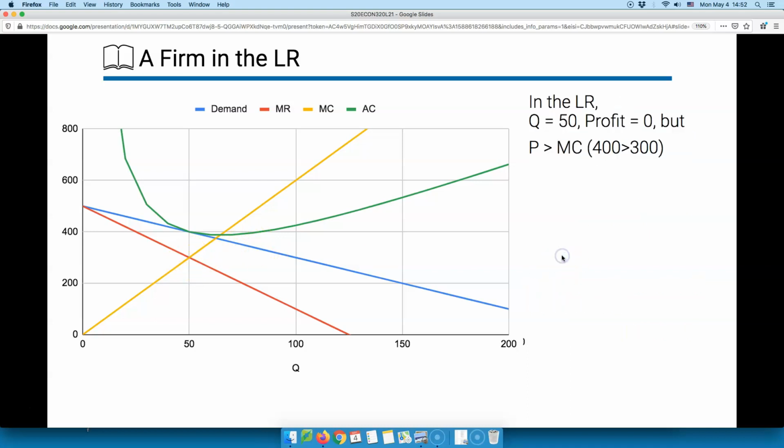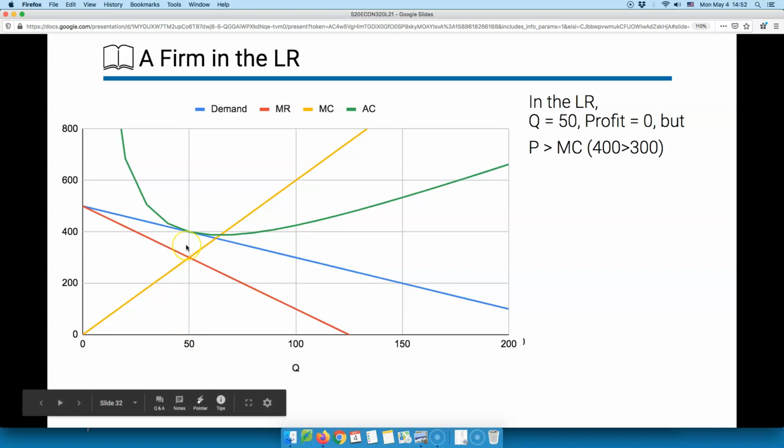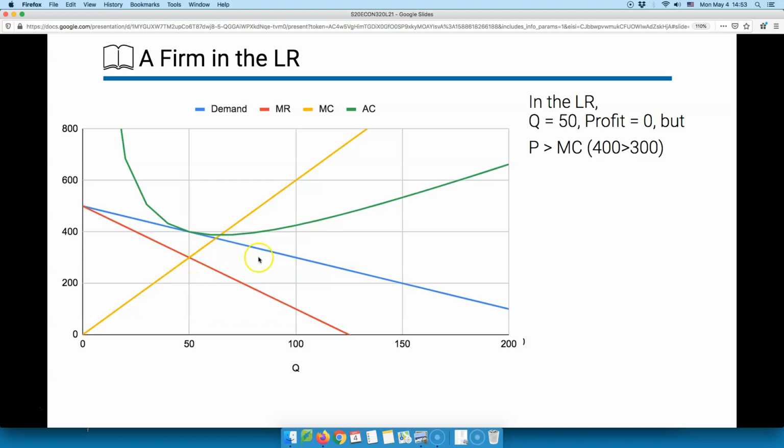And the interesting point here is that in the long run, in a monopolistically competitive industry, well, output is 50, profit is 0, but price still exceeds marginal cost. The firm is able to charge 400 for the last unit of output that it produces at 300, and so because price is above marginal cost, the efficiency condition is violated, and there's going to be some deadweight loss associated with a monopolistically competitive industry, which is also going to be inefficient.